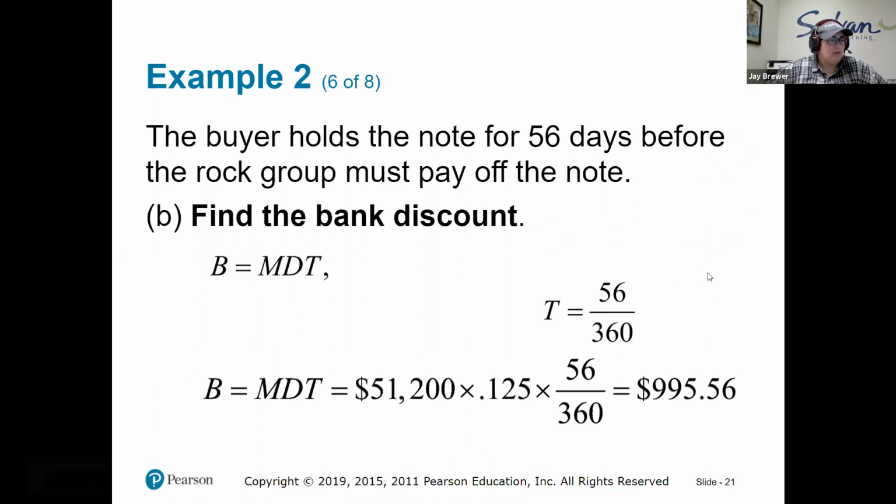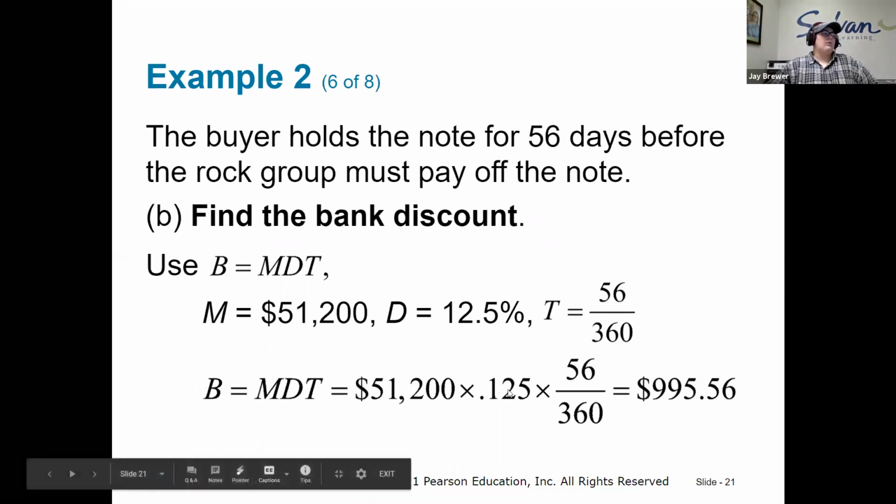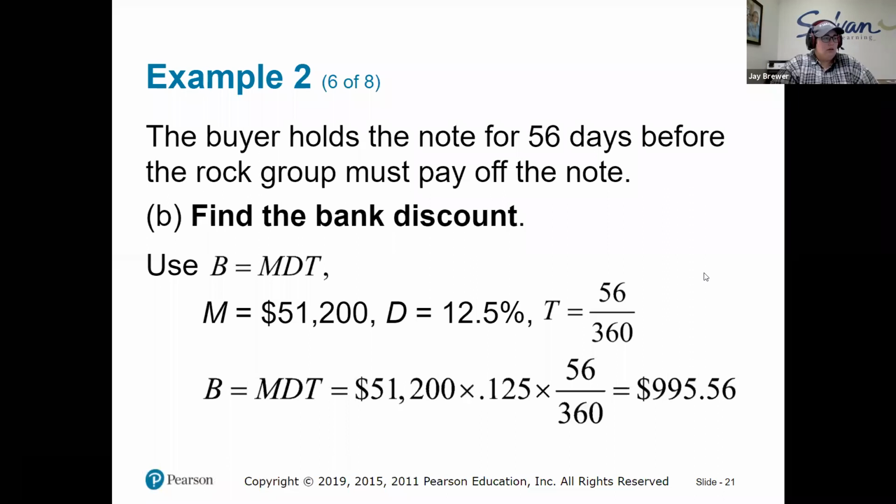Find the bank discount. Okay, so here you have all your information.